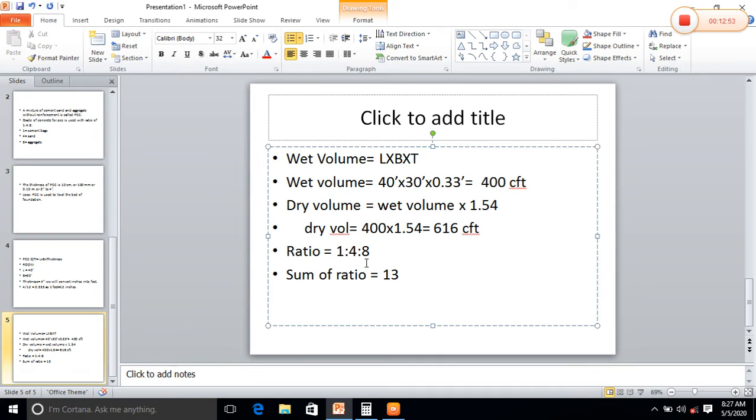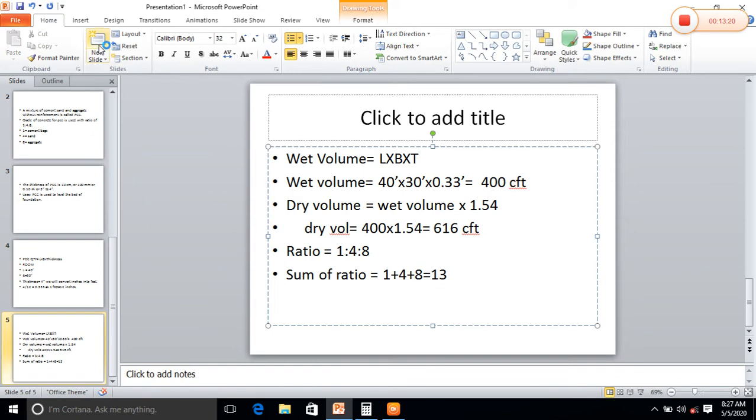Let's solve 1 plus 4 plus 8 is equal to 13. Okay, sum of ratio is equal to 13.